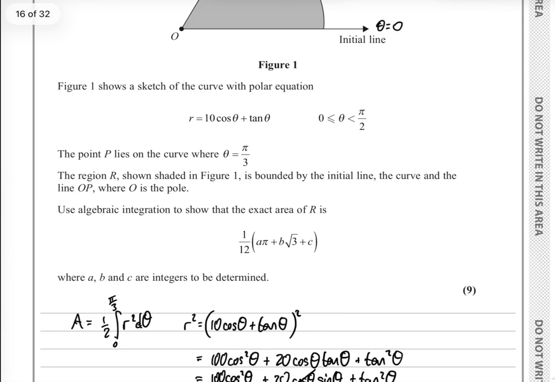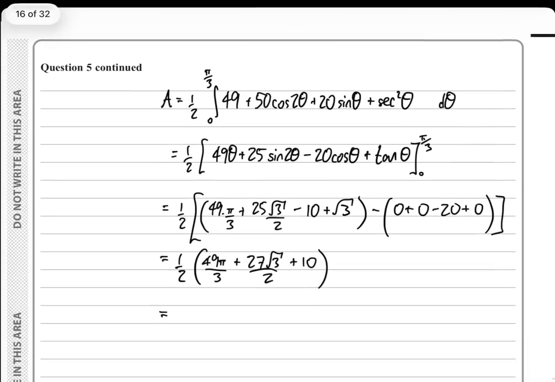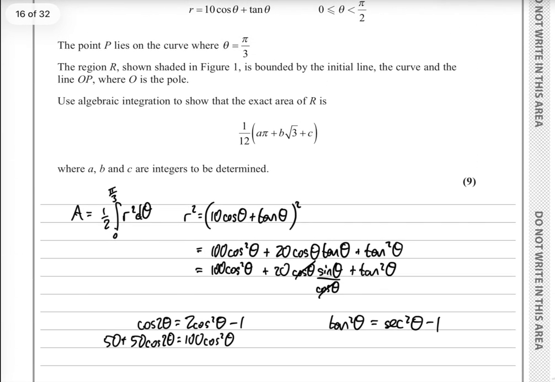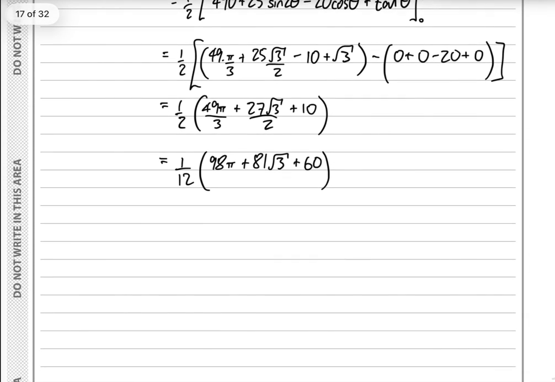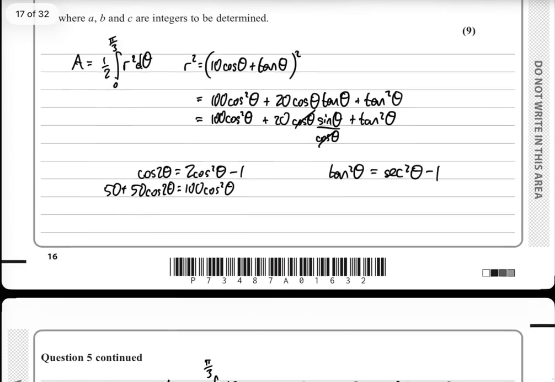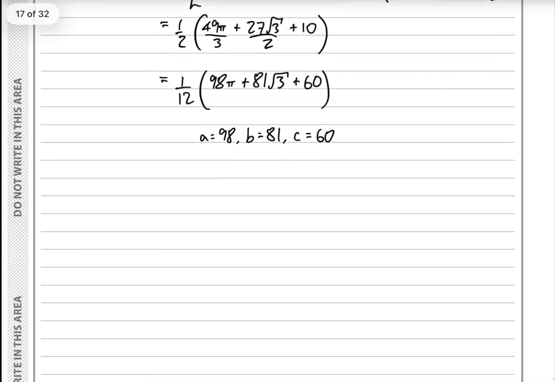And what format? 1 over 12. So we need to take a 6 out of this. That's 98 pi plus 81 root 3 plus 60. And that should be right. A for pi, B for root 3. So A is 98, B is 81, and C is 60. That didn't seem too bad for 9 marks.